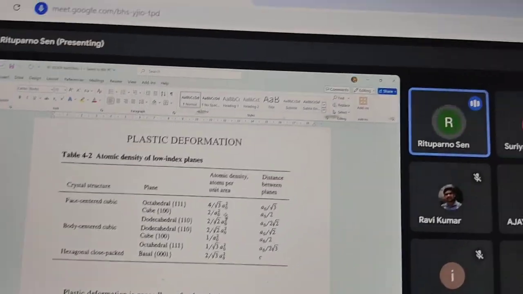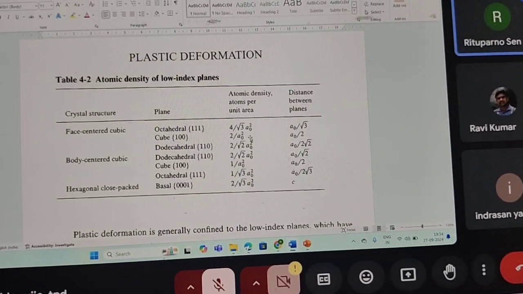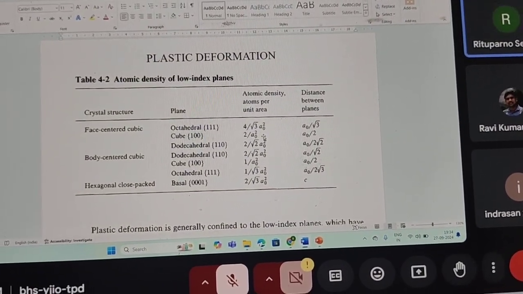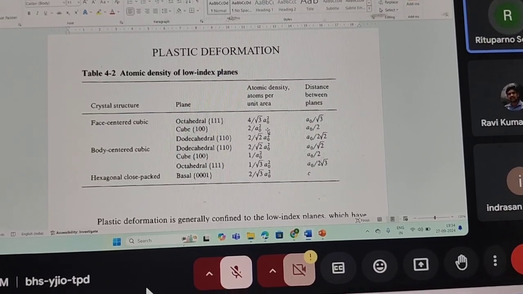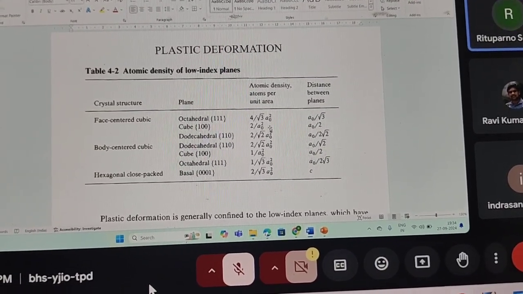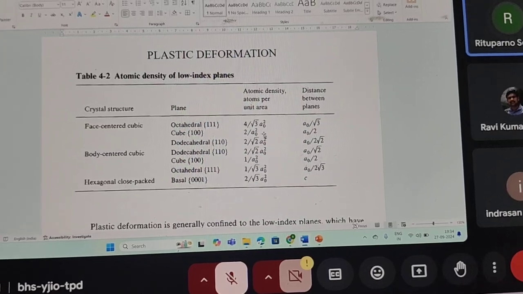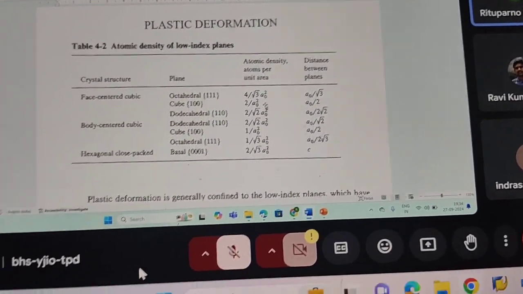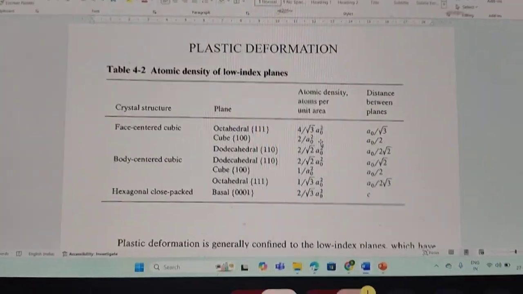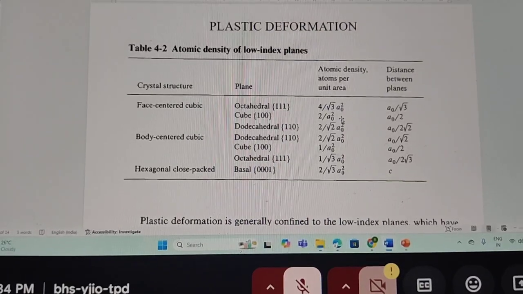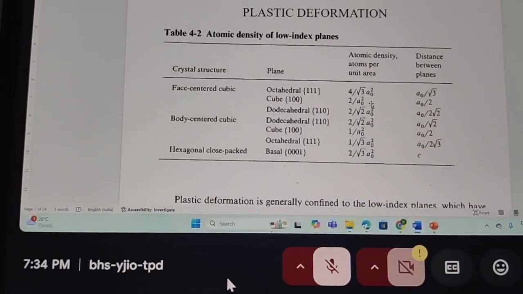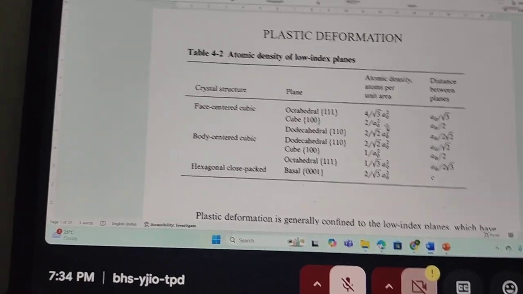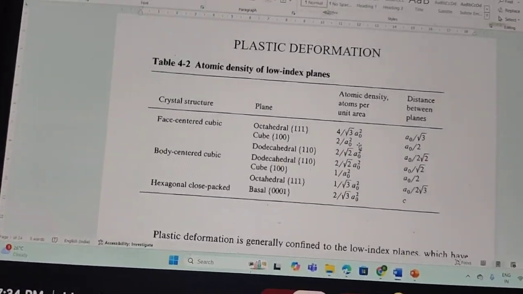That means if you plot a stress-strain curve, then in the initial part, suppose you are having a rubber band, you cut it and hold it with your hands at the two ends and you stretch it. As you stretch it, it becomes longer and then you release it. It comes back to the original position.